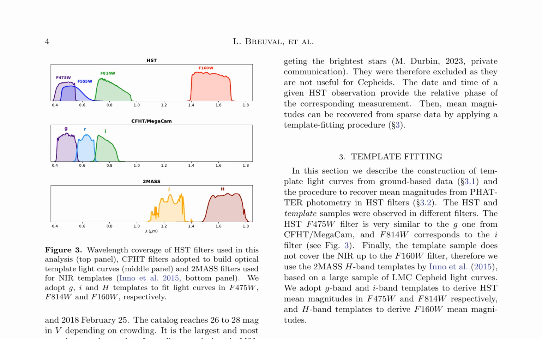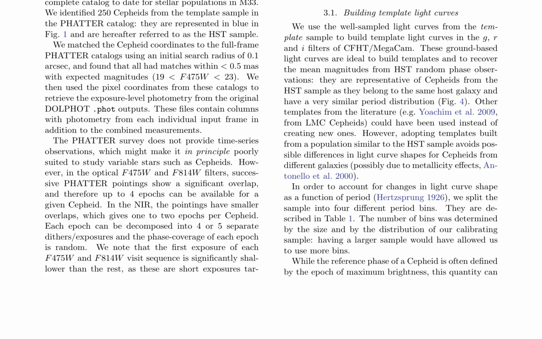The authors outline the template fitting procedure, which involves building template light curves from ground-based data and recovering mean magnitudes from HST photometry in different filters. They adopt g, I, and H band templates to derive mean magnitudes in F475W, F814W, and F160W filters, respectively.